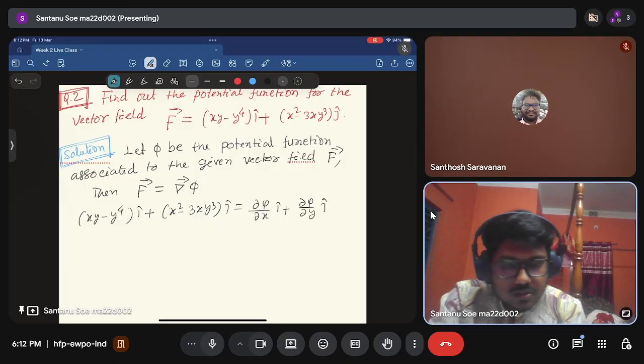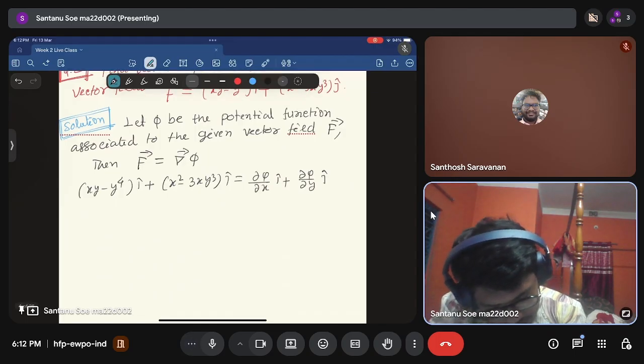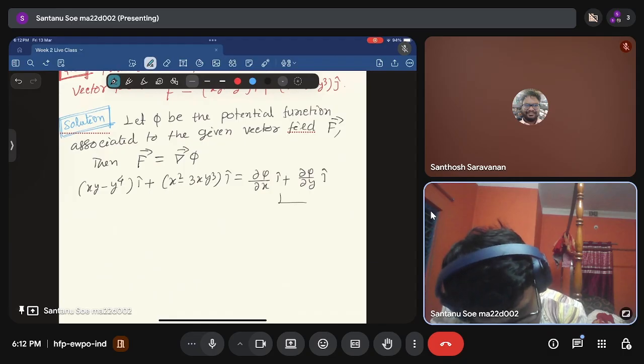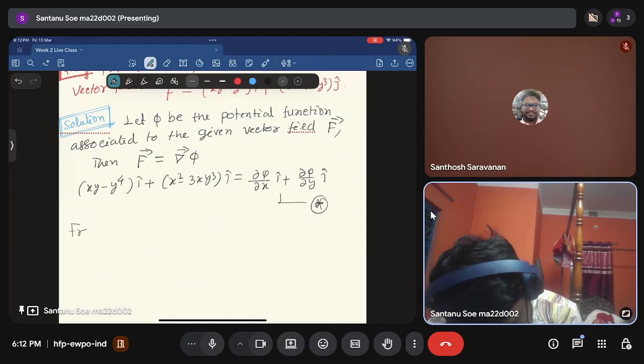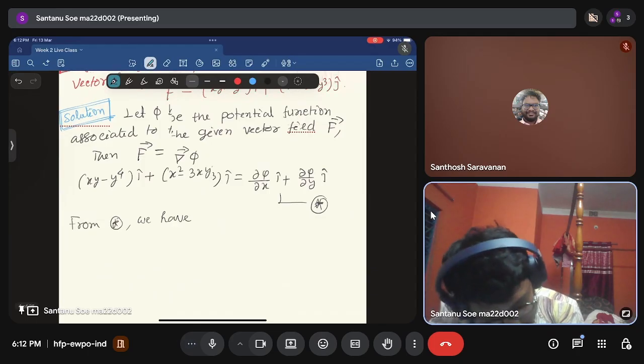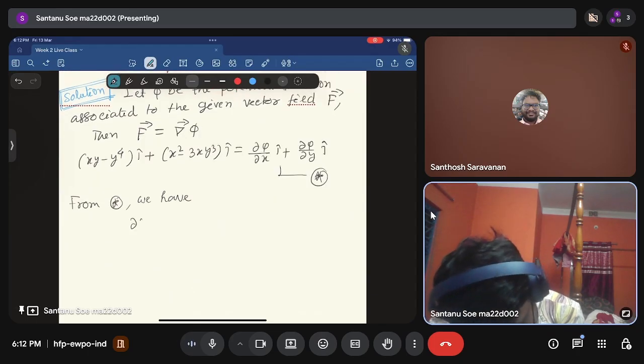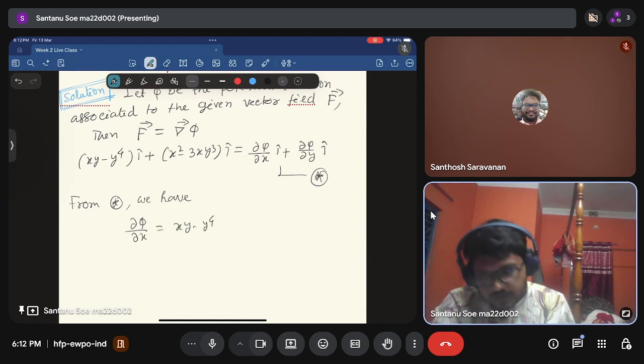Correct? So now we can compare both the left hand side and the right hand side. Let us call it star. From star we have del phi by del x equals xy minus y to the power 4.